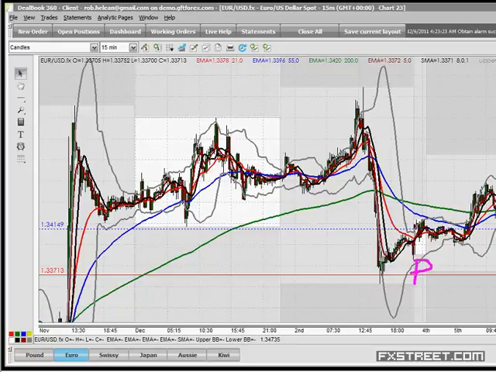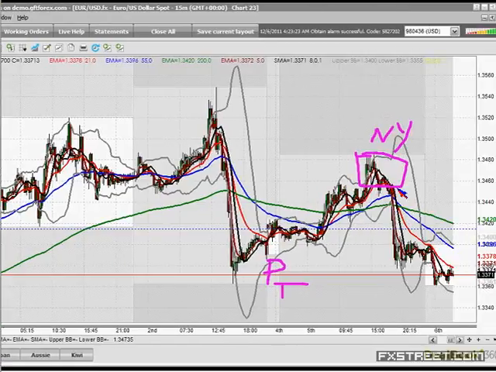And this was taken in New York and actually planned in Tokyo. But I'll change plans during the day if I need to. But I woke up this morning to trade New York and I did take a loss trying to get in it initially. And then you just got to jump back on that horse and get back in it later.